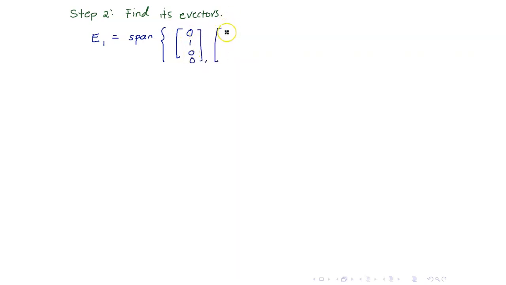Next, we get its eigenvectors. Verify that the eigenspace corresponding to the eigenvalue 1 is the span of these two vectors. Eigenspace corresponding to lambda equals 2, that is the span of 0, 5, 1, 0.